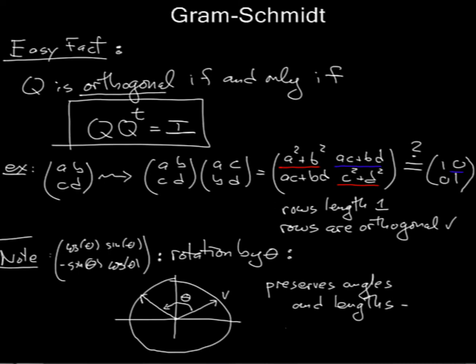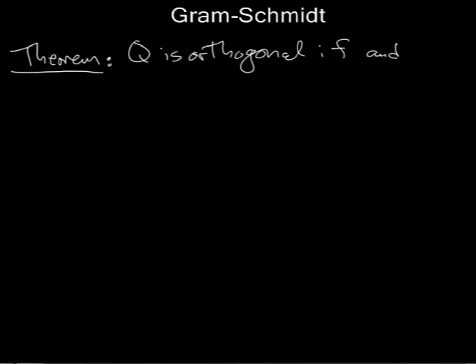And if you have a vector of a given length, it doesn't change it. So that's what I mean by a rigid motion. So that's actually a defining property of orthogonal matrices. So the theorem is that Q is orthogonal if and only if the following conditions hold. First of all, we're going to require that it doesn't change dot products.